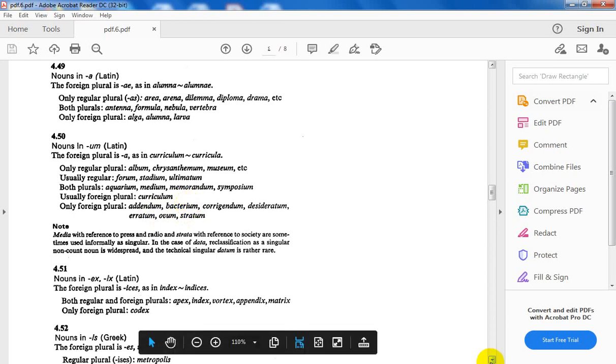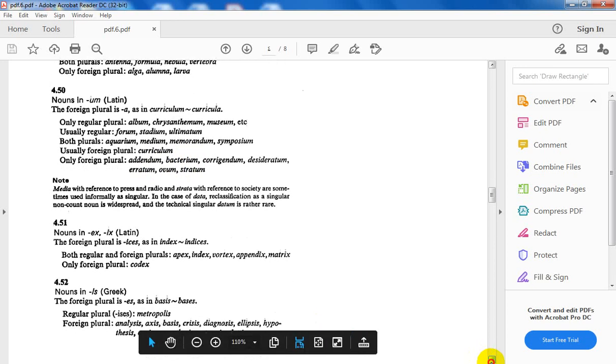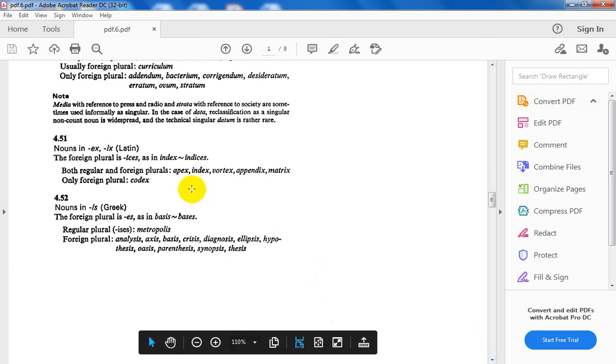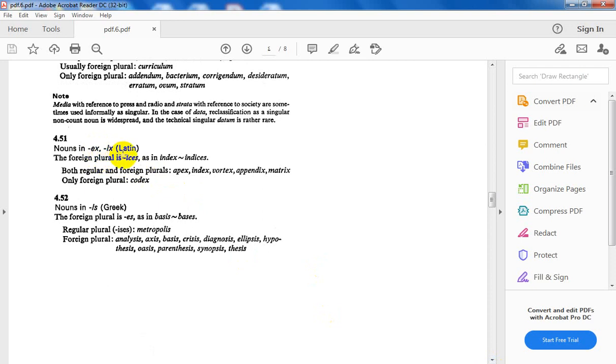Again, I have the nouns ending in EX or IX. Again, they are Latin words. If the noun ends with EX or IX, this EX or IX becomes ICES.